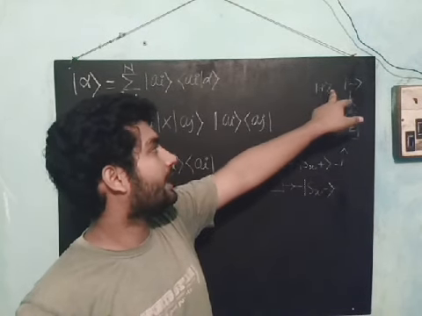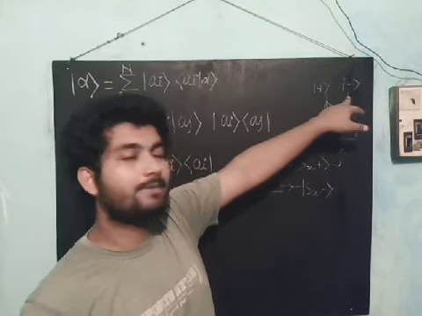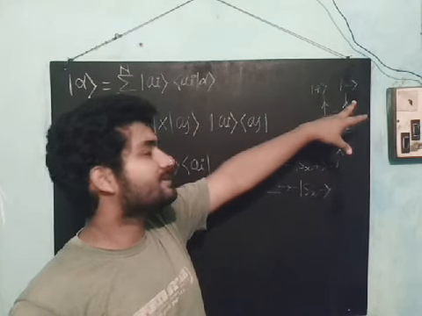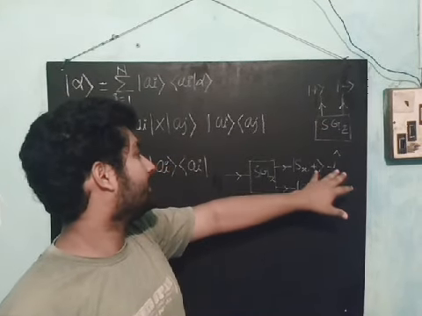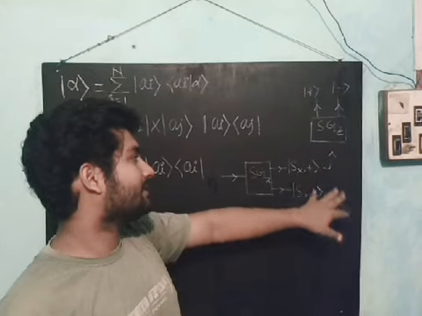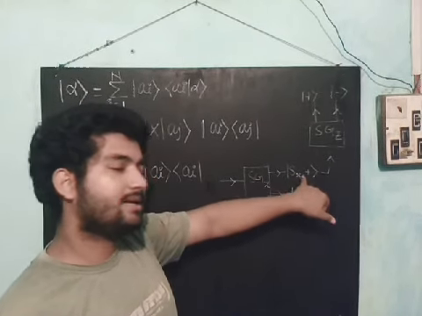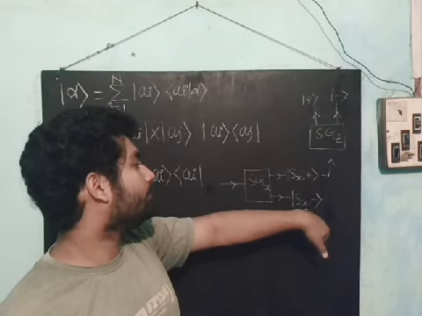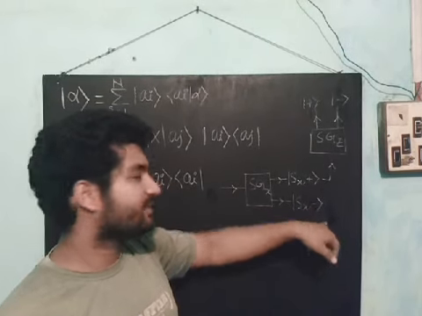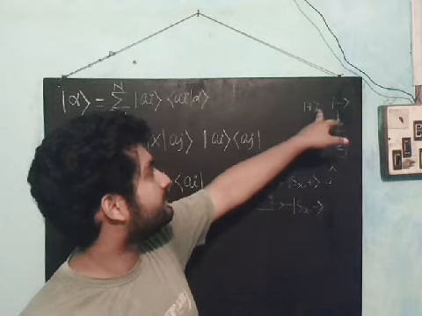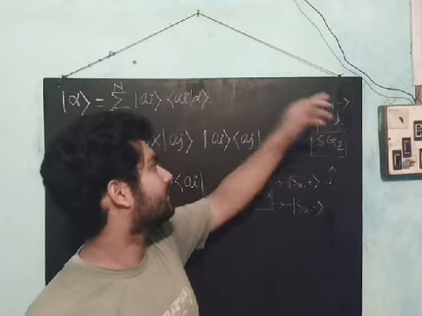So positive and negative are the basis that I chose, and Sx plus and Sx minus are the spin along the x axis, which is positive in this case, and the x component of spin is negative here. And this is along the z axis.